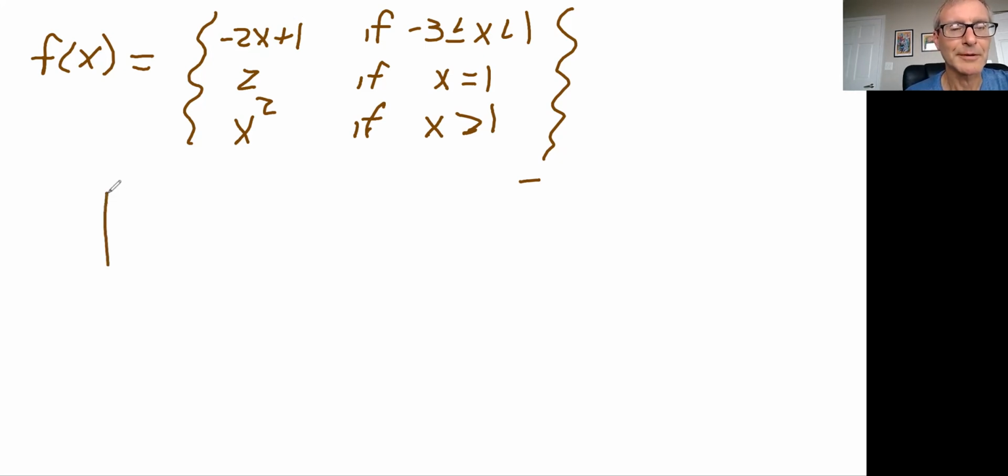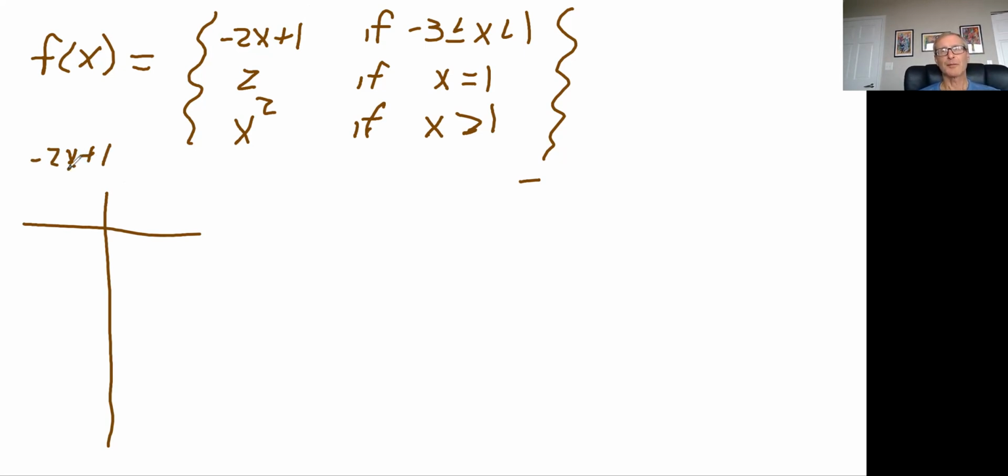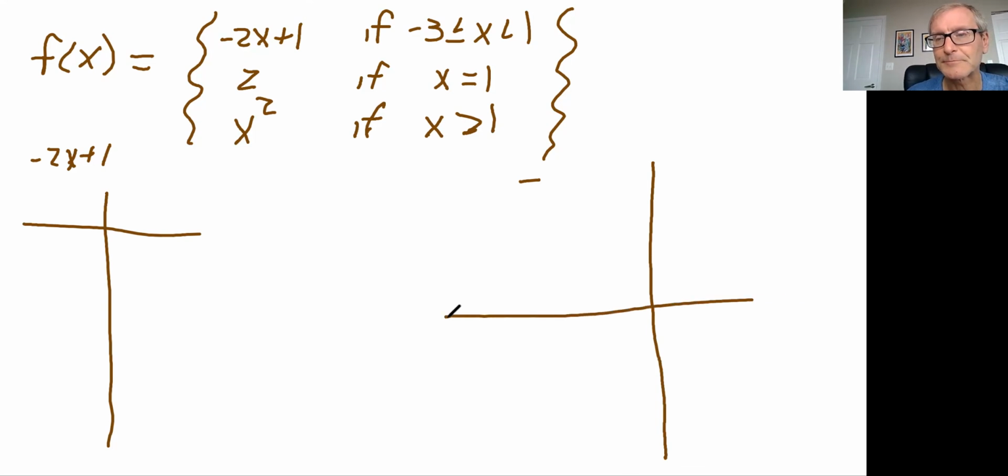What I would start with is the -2x plus 1. The main functions we're going to be graphing will be linear and quadratics. This is a linear function, with a slope of -2 and a y-intercept of +1. So let's graph this over here.